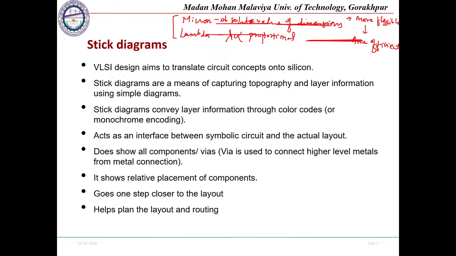But in case of lambda, it will not be area efficient, because once we have scaled one dimension, all the dimensions will be scaled down according to that. We cannot scale only a particular layer, so it will have more area as well.